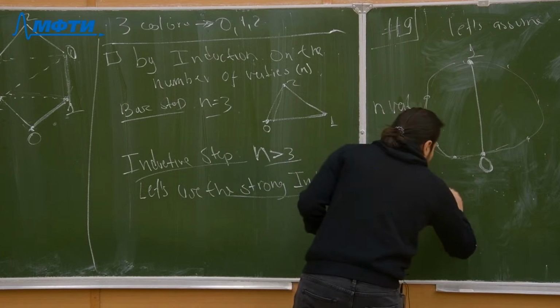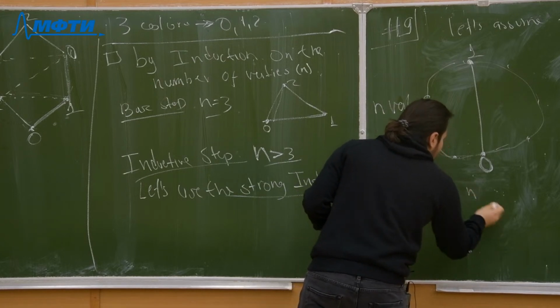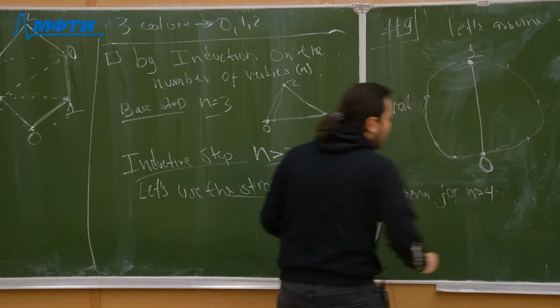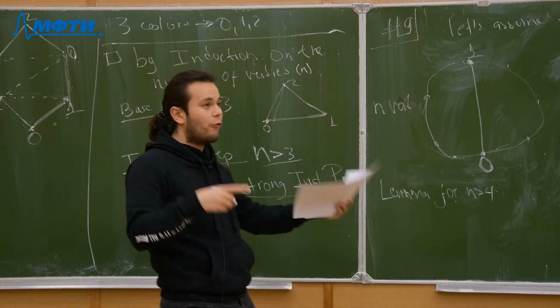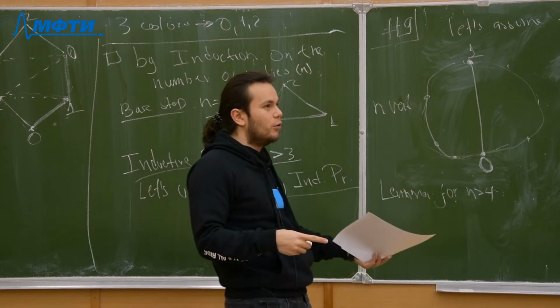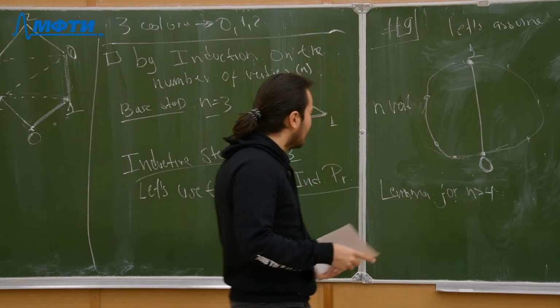So for n greater than 4, because if we have 4 then this is a rectangle, and in that case it's not possible, right?